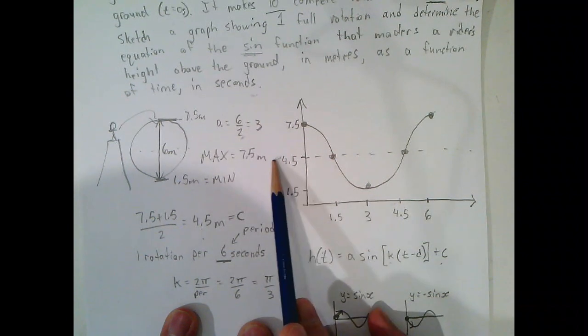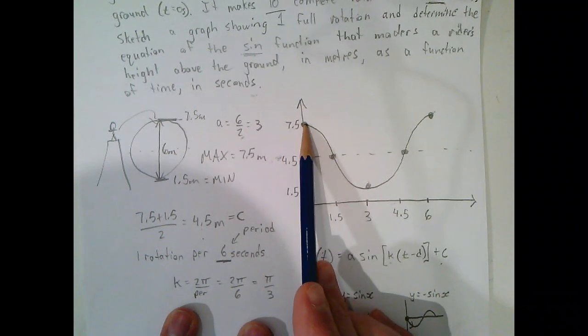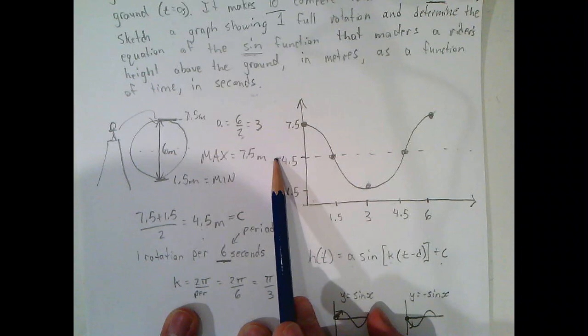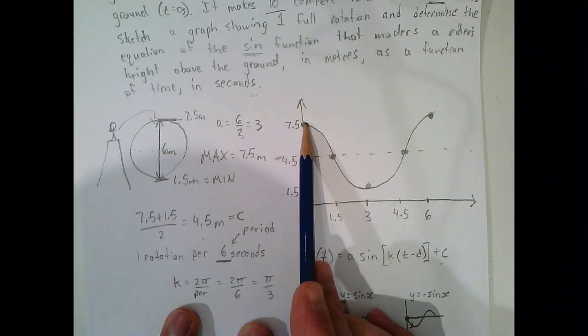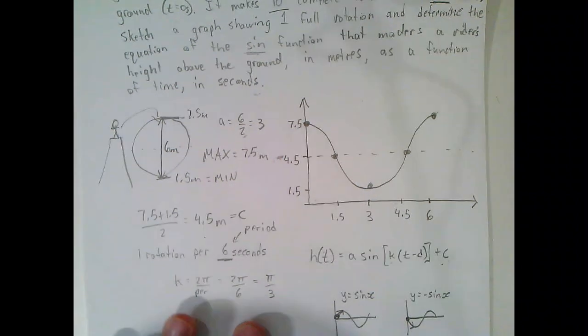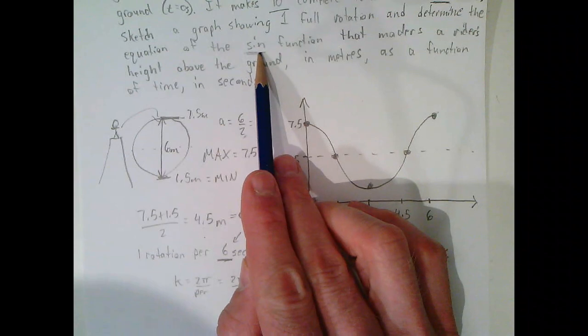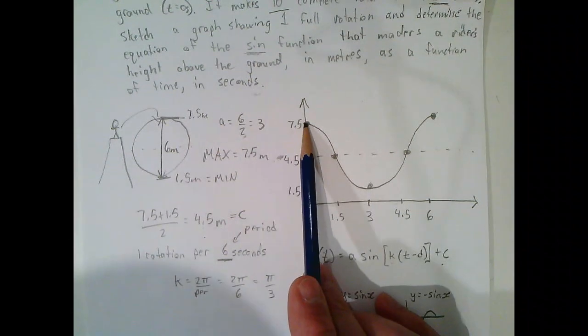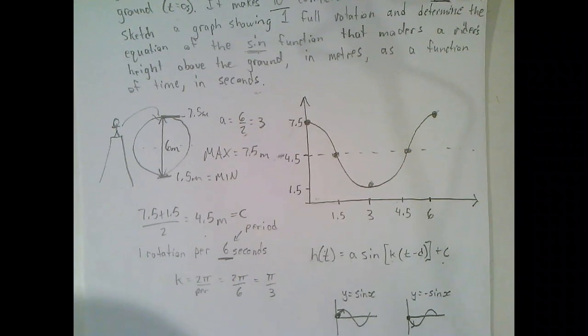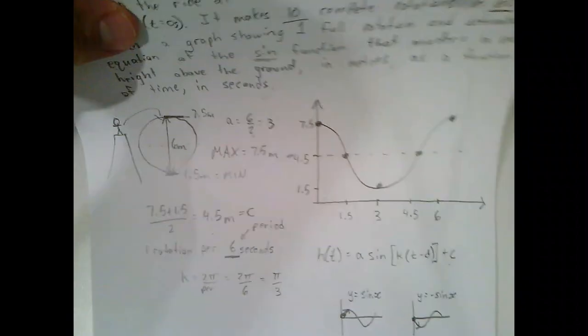So we could also say this is a sine function that has been shifted to the left by 1.5 units, and it came up, and now it's going to continue. So we have a couple options. I'll give you 2 answers for this one because the phase shift is essentially a little bit open. And again, if this was a sinusoidal function, we could have just done a straight up cosine function and not have to deal with phase shift at all. All the rest of the features are legit though.